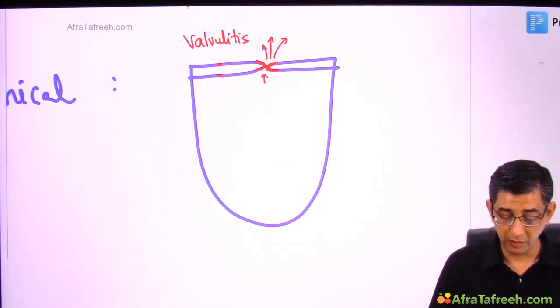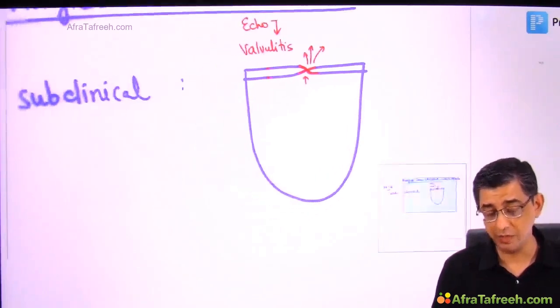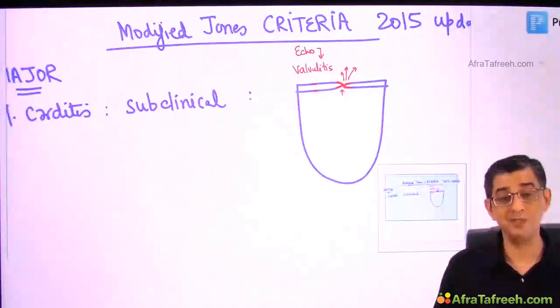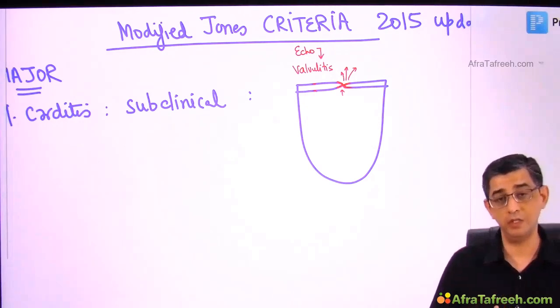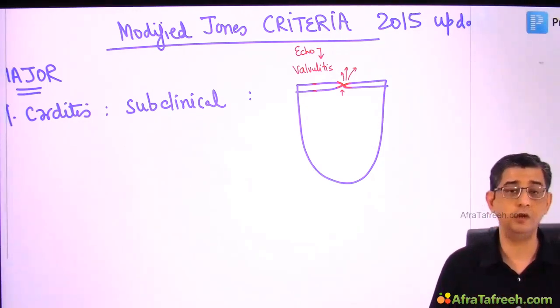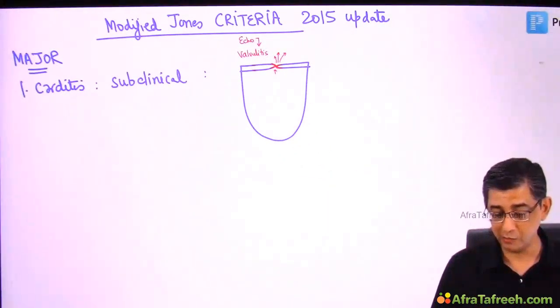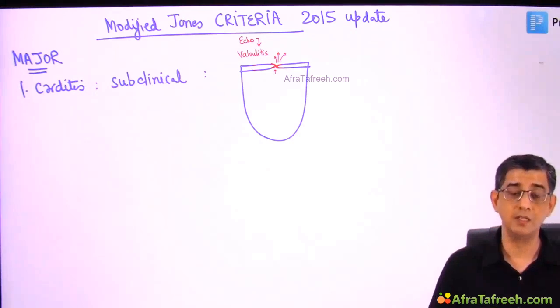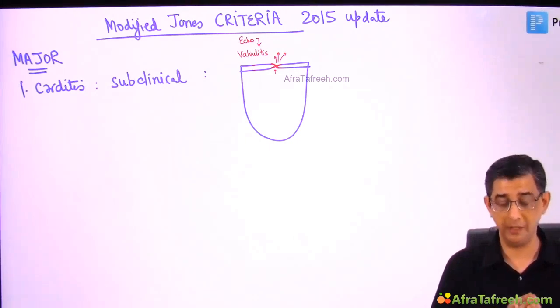Even without the presence of mitral stenosis, mitral regurgitation, or a valvular lesion, we can say it is rheumatic heart disease, because after all, this is the starting of the disease. Once the disease evolves, that is when valvular lesions will develop. Our objective as a doctor is early identification of the disease, and that is why I'm highlighting this particular domain that they love to ask. Subclinical carditis or valvulitis is also now a major criterion.